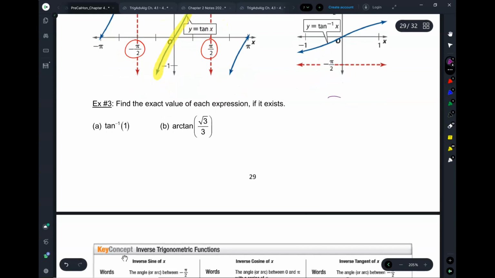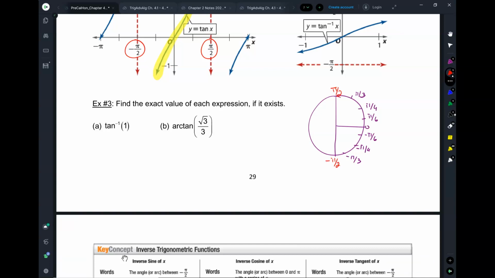So when I take the unit circle from negative pi over 2 to pi over 2, I've got 0, pi over 6, negative pi over 6, the pi over 4s, negative pi over 3, but then pi over 2 and negative pi over 2 are where the tangent is undefined.